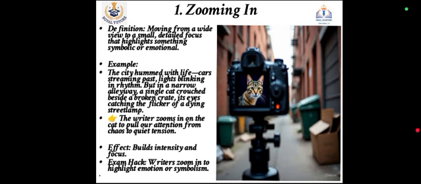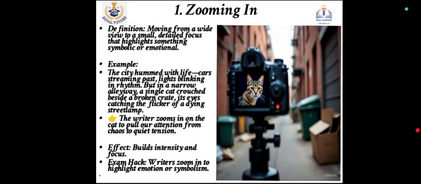For example, the city hummed with life, cars streaming past, lights blinking in rhythm, but in a narrow alleyway, a single cat crouched beside a broken crate, its eyes catching the flicker of a dying street lamp.